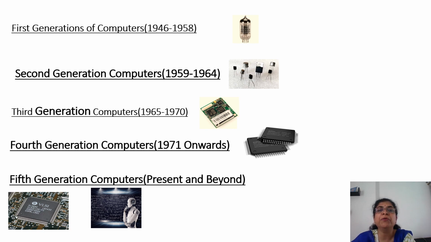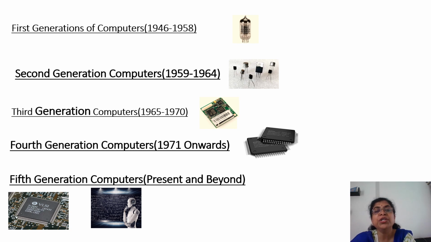First generation of computers, that is 1946 to 1958. In the first generation, vacuum tubes were used. Because of the use of vacuum tubes, the size of the computer was very large, it generated a good amount of heat, and it was slow.